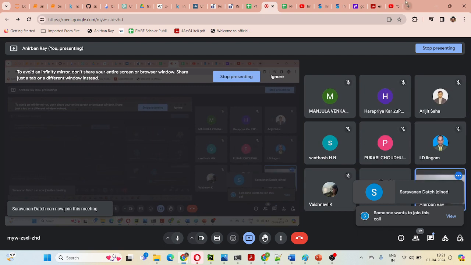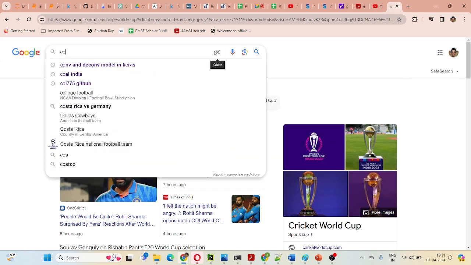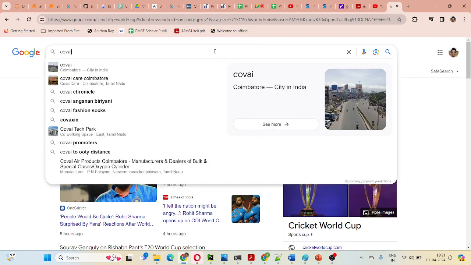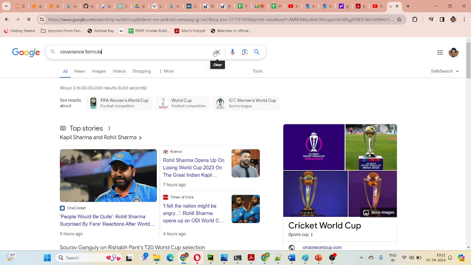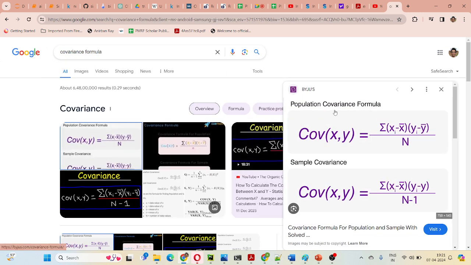Okay, so let me show you. This is the covariance formula. As you see, covariance between two features is computed over all training examples. Easy enough, right?